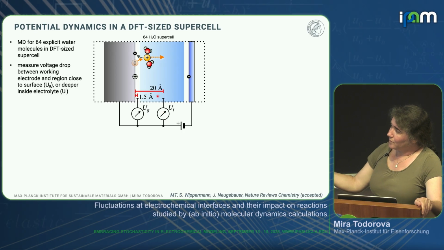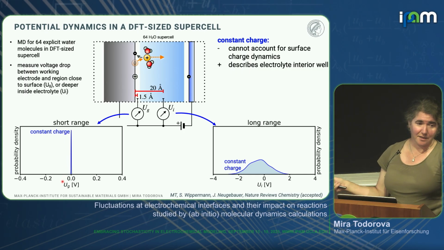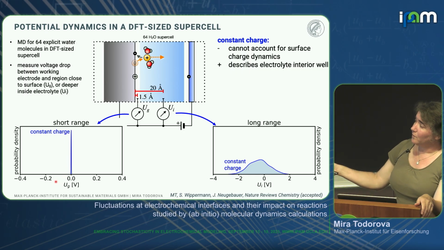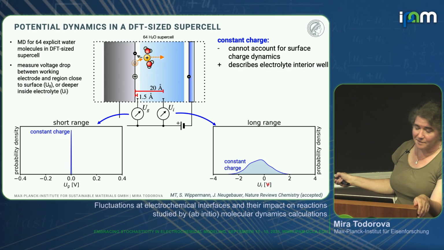And then we looked at the distribution of the potential drop close to the interface and also in the aqueous region. What we see at constant charge conditions is that at the surface, at the electrode, we really have a constant charge, meaning a delta function, while further away from the surface in the aqueous region, we have a distribution like one would expect.